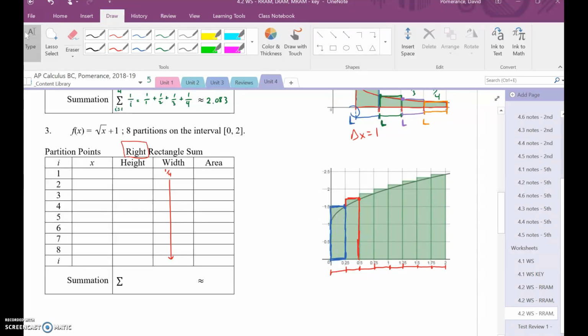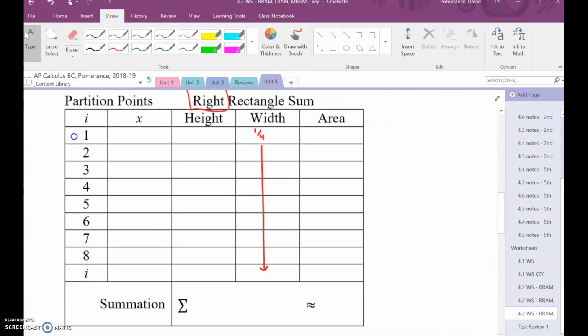But going back to this problem, we know that the first x value that we're interested in here is the right endpoint of the first subinterval. That's going to be our starting point of 1/4 for x. That x value of 1/4 determines the height of our first rectangle. And then we're going to add our width each time.